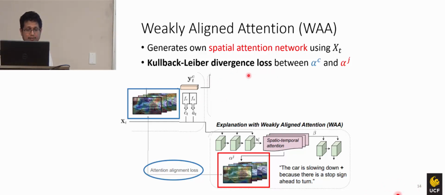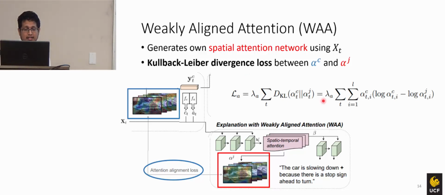This loss is calculated using this formula, where we can see there is a hyperparameter lambda a. So based on both strongly aligned and weakly aligned attention, we get a temporal attention map, which is then applied with this beta weight and goes to the LSTM, which extracts the text.